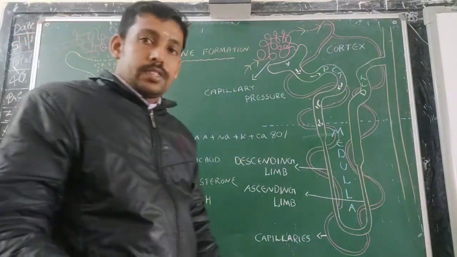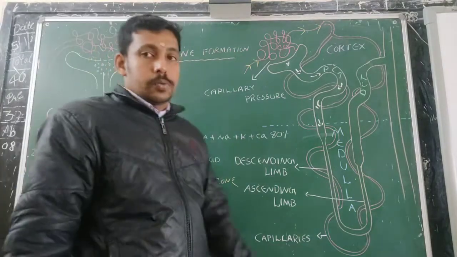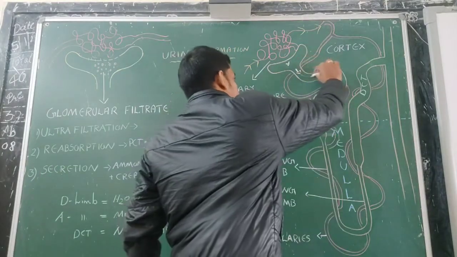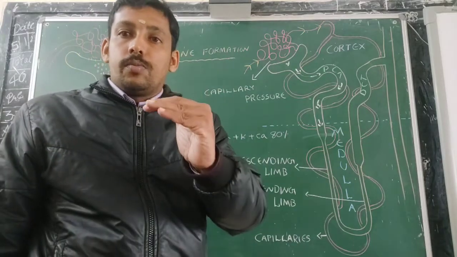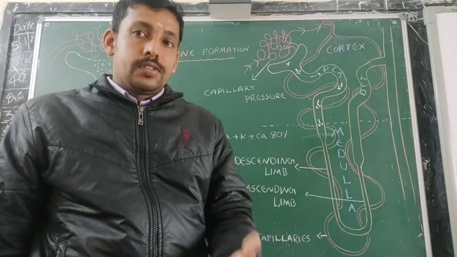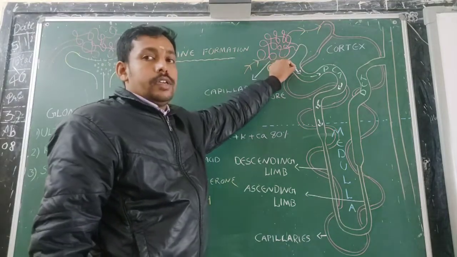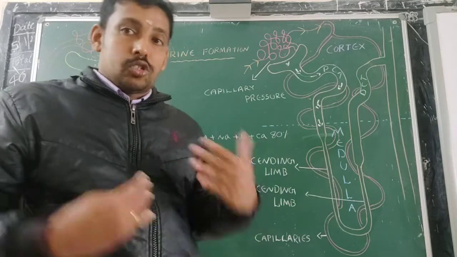Then the second step is tubular reabsorption. Ultrafiltration is over, and then in this tubular area the tubular reabsorption happens. That means many of the essential materials in the glomerular filtrate must be reabsorbed.